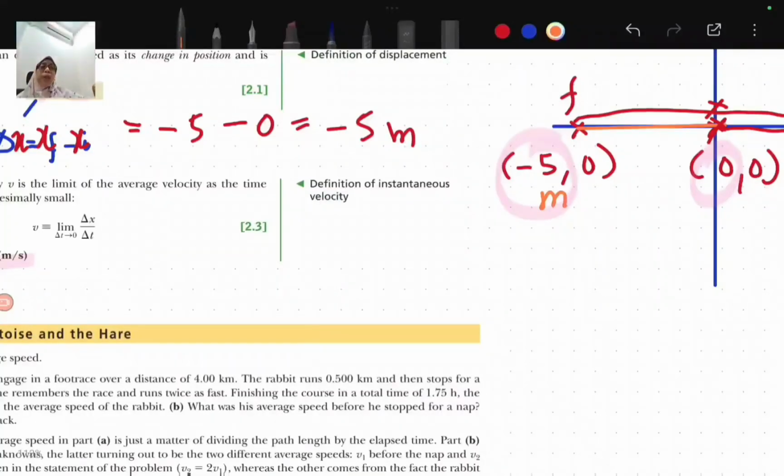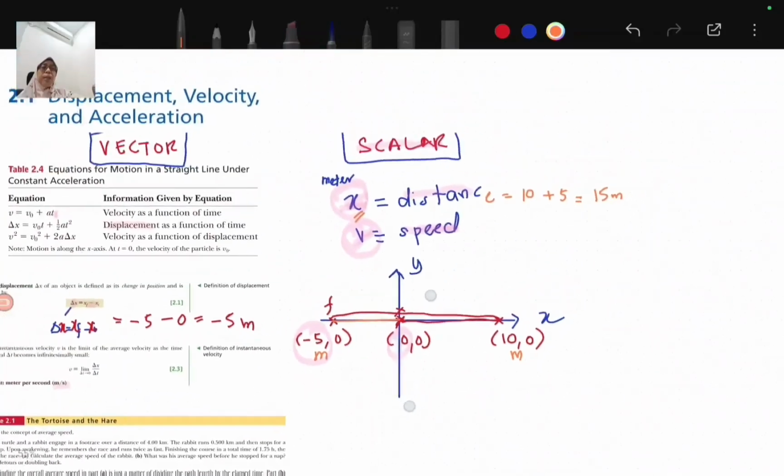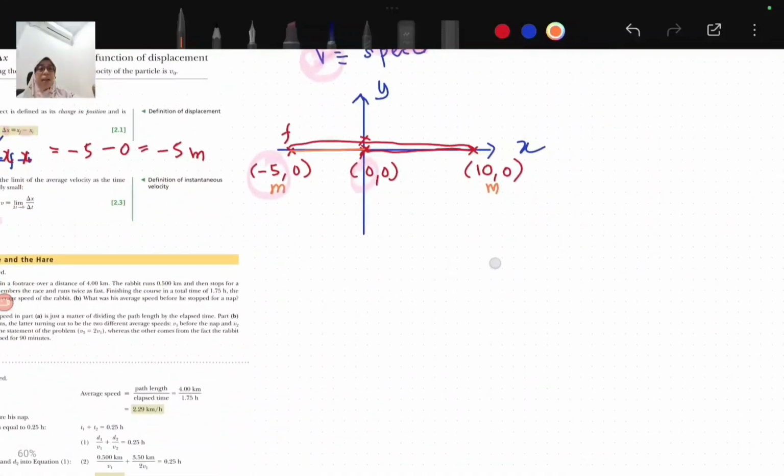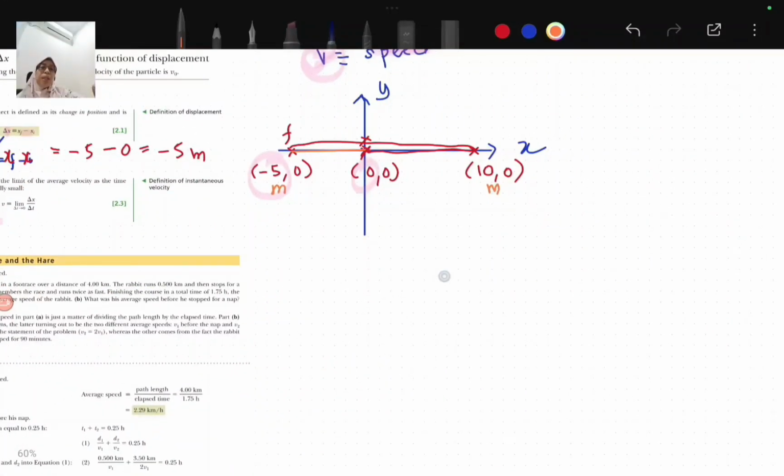So basically, if we are talking about the scalar product, the scalar product over here does not bear any direction, tak ada arah, then very simple. The calculation needs to have the final answer as meter over second, which means the numerator should bear total distance, and over time lapse, masa yang berjalan.